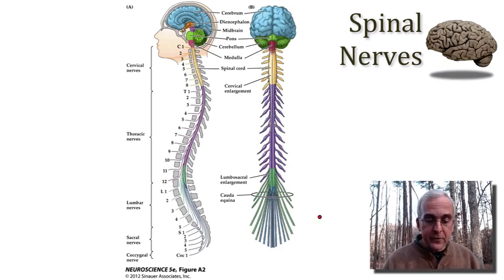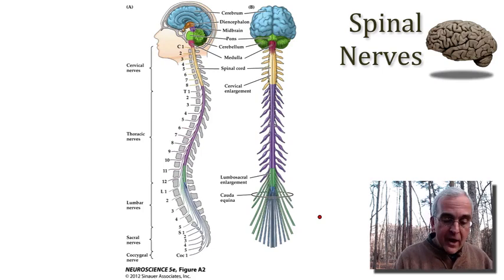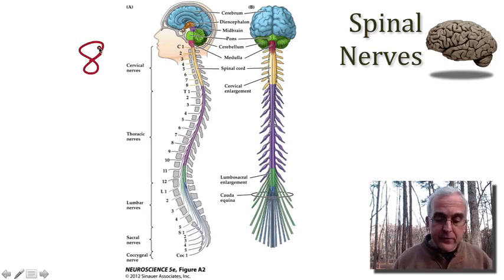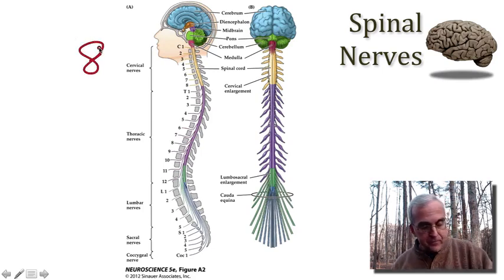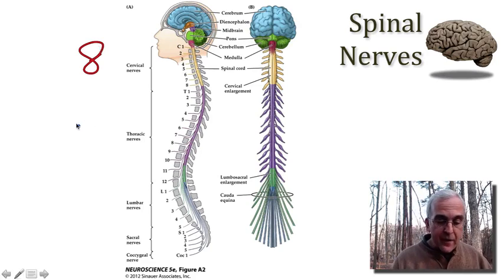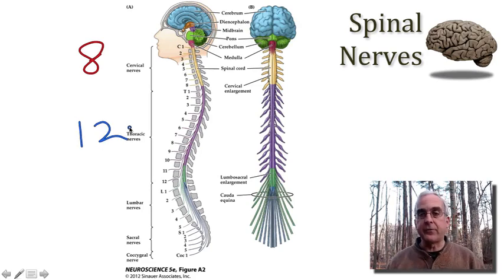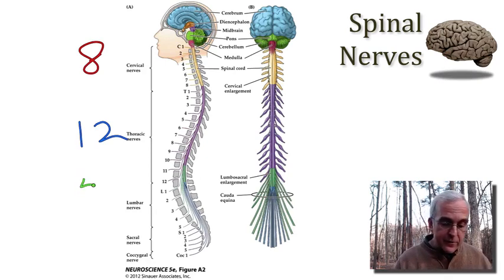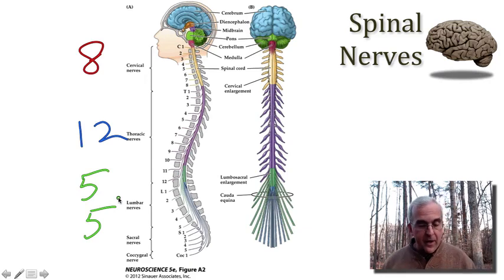So in the cervical region of the spinal cord, we have 8 pairs of nerves that attach. In the thoracic region, we have 12 pairs of nerves that attach, one on either side, of course. And then both in the lumbar region and in the sacral region of the cord, we have 5 nerves that attach, 5 lumbar and 5 sacral.